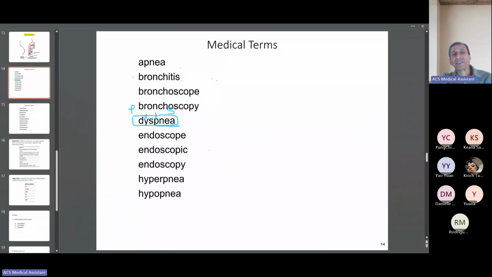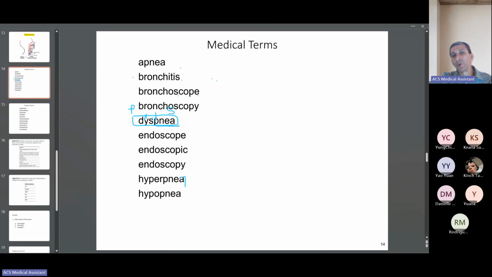You say, I have difficulty peeing. It burns when I'm peeing. Then you call it dysuria. That will be the term for the problems that you have with passing urine. That's because you have an infection, probably a bacterial infection or viral infection. So this means abnormal, painful, or difficult. If you have a difficult way of breathing, then we call it dyspnea.